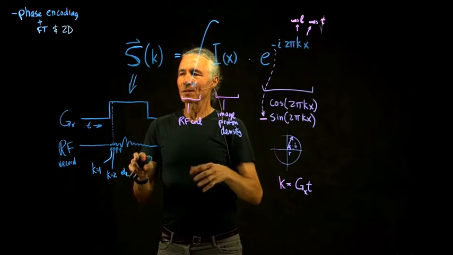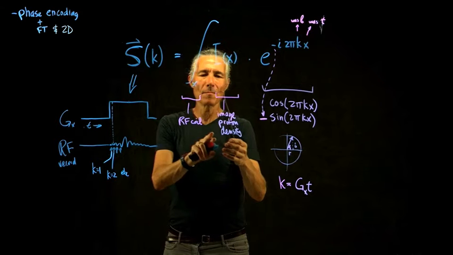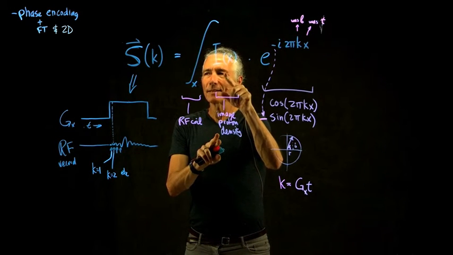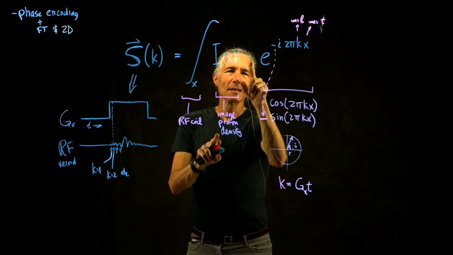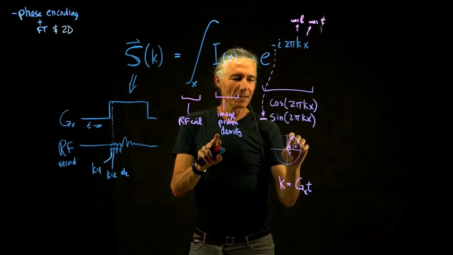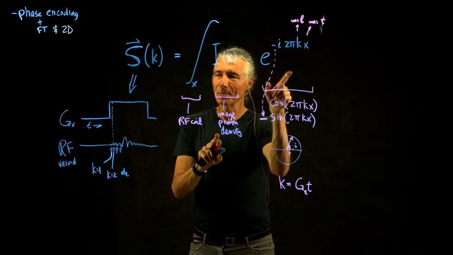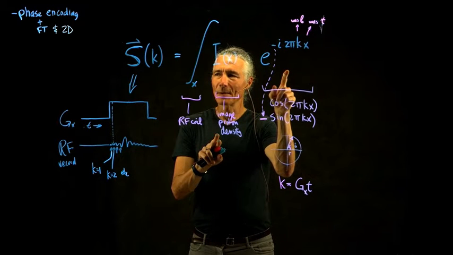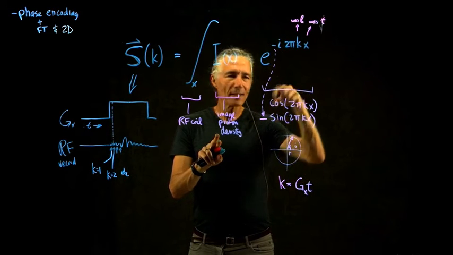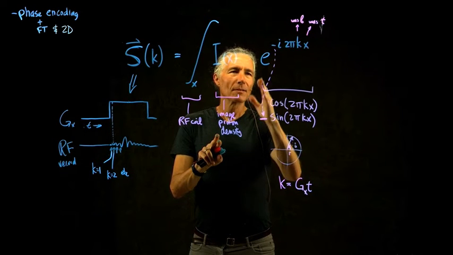This all corresponds to real stuff in the world. This is the actual signal that we record. The RF coil is doing the sum. What is it summing? It's summing the number of protons at each point in x, and it's multiplying by this complex vector. So this is a complex multiply. This is real, but this is complex. And what is this? These are the stripes. These are the spin stripes. They move across x.